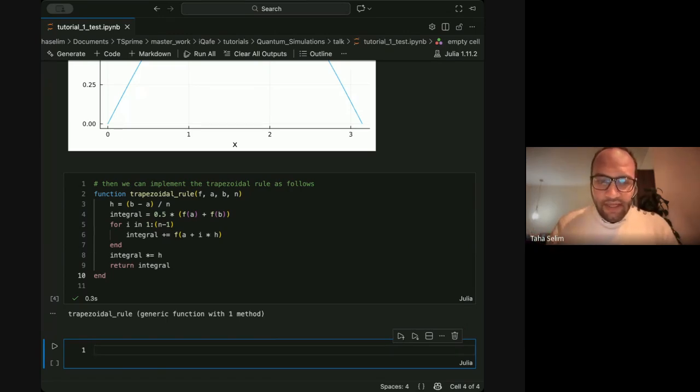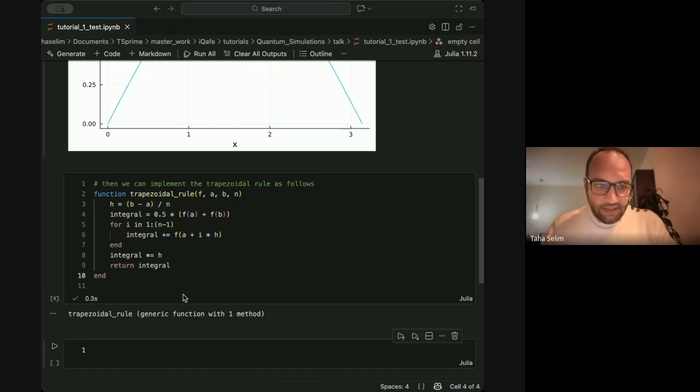It's still a scripting language, but very optimized, and sometimes it has performance very close to low-level, very efficient programming languages like Fortran. So now let's make this approximation and see what happens.